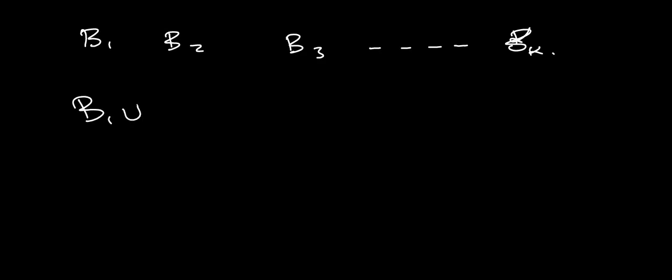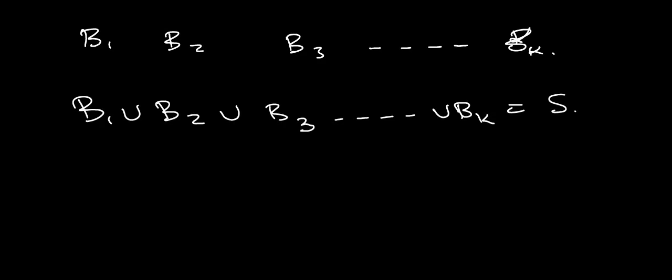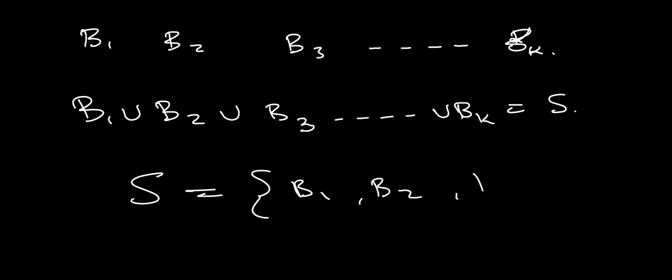So if you have sets, let's say B1, B2, then B3, until you reach another set, let's say BK. These sets are disjoint, but their union, when you add them up until the last set, gives you the original set, the sample space S, meaning S contains the events B1, B2, B3, and so forth until BK.